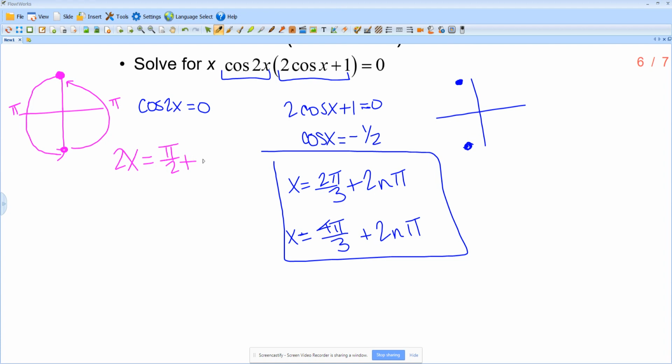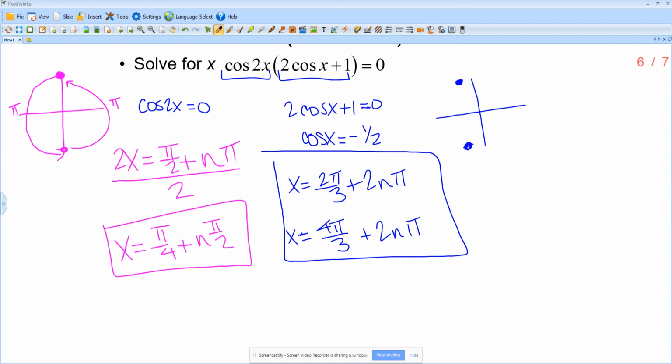So this is pi halves plus n pi, because I don't have to go around a full revolution of a circle like I did here. And in this case, I can divide everything by 2. I get x is equal to pi fourths plus, this is written as n pi halves. So we've got three solutions here: 2 pi thirds plus 2n pi, 4 pi thirds plus 2n pi, and pi fourths plus n pi halves.